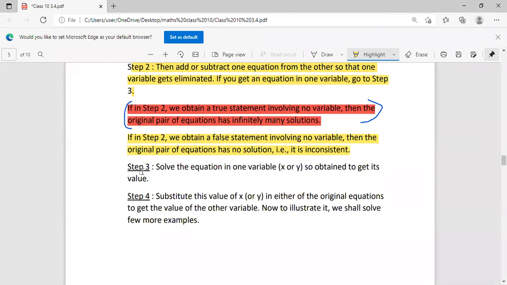And suppose in the first stage we got a linear equation in one variable. If so, we can move to step 3. Solve the equation in one variable, either x or y, to get its value. Now in step 4, you have to substitute this value of x or y in either of the original equations, as I told you, to get the value of the other variable.